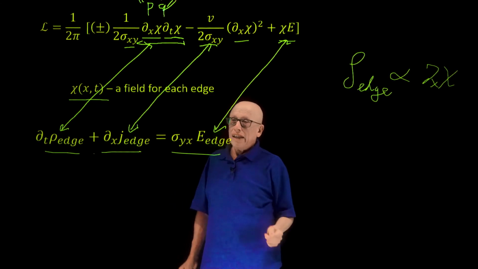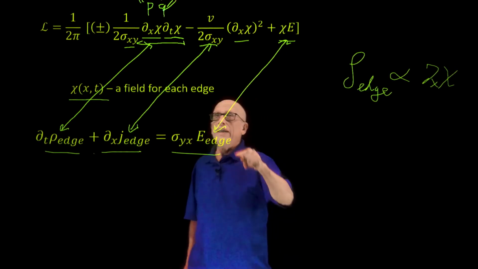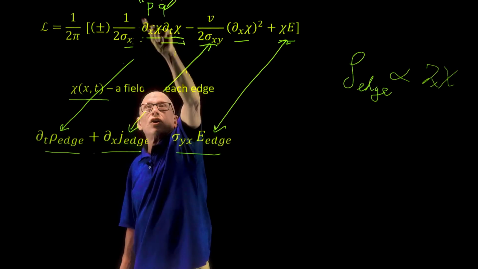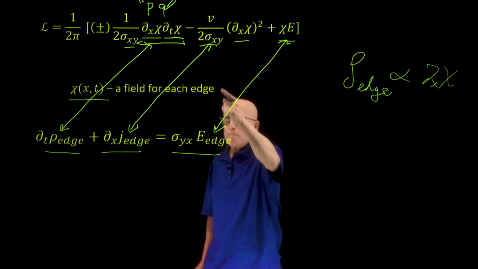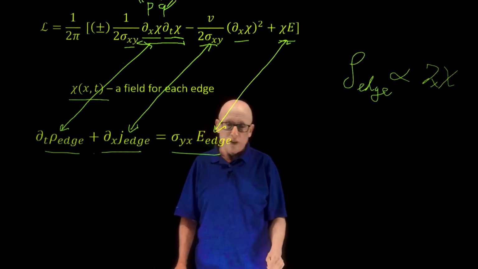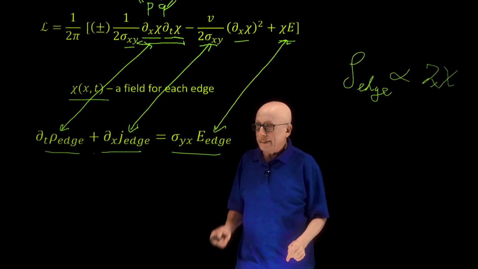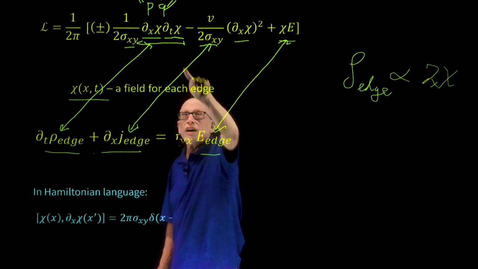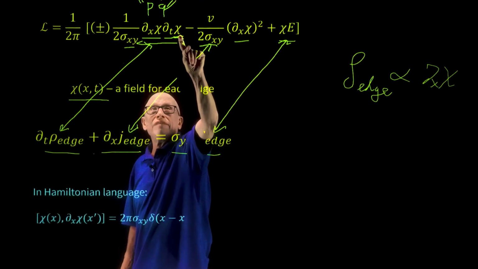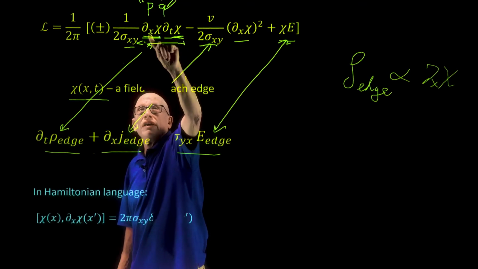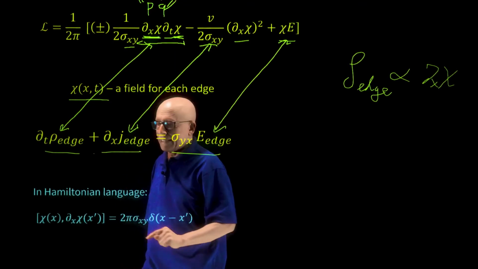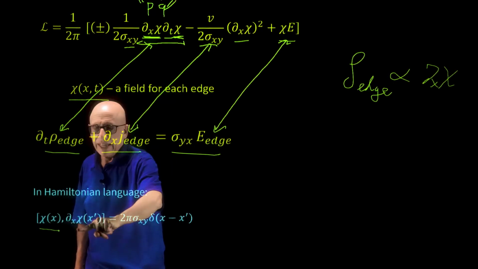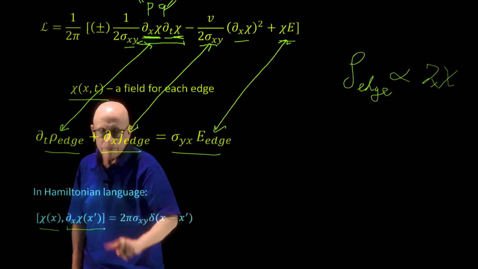And as you remember, in classical mechanics, p and q come out to be canonically conjugate to one another because the Lagrangian has a p q dot term. And in this case, when we do the transform to the Hamiltonian, we will find from here that chi is the canonically conjugate operator to dx chi. So there's a commutation relation of chi of x and dx chi of x.